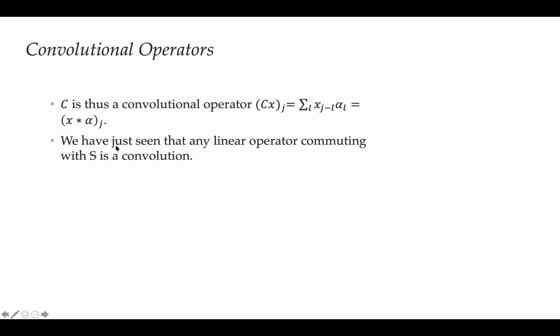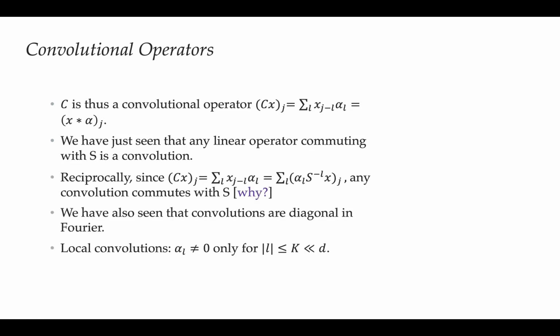So what we have just seen is that if I start from the hypothesis that my linear operator commutes with shifts, then I arrive at convolutions. Obviously, this implication is very easy to go in the other direction, because a convolution can be re-expressed very naturally as a linear combination of shifts.